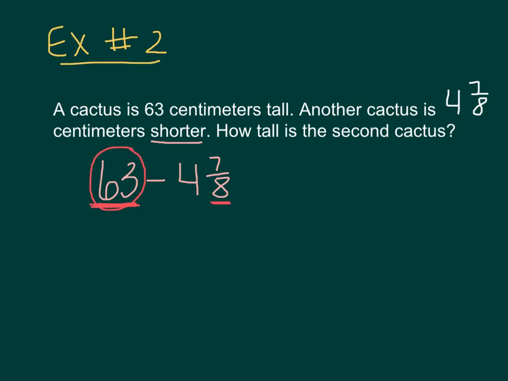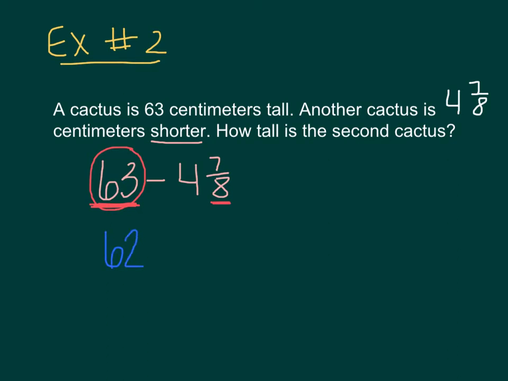So what we do is kind of like when we subtract with whole numbers, we're actually going to borrow a whole number and turn it into a fraction. So we're going to subtract 1. So 63 minus 1 is 62.